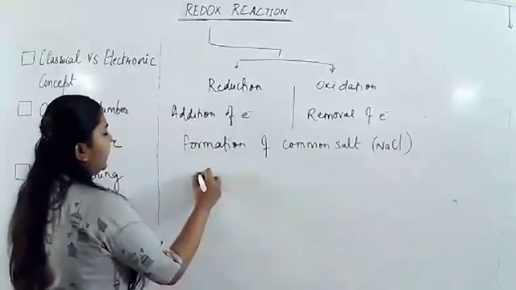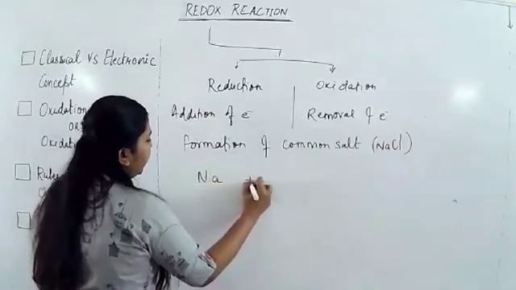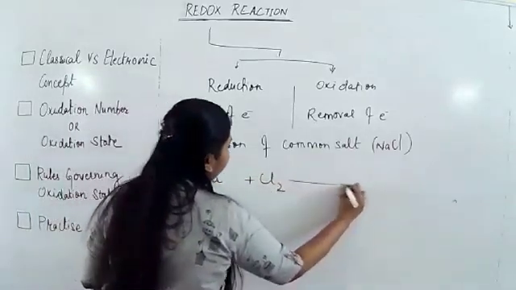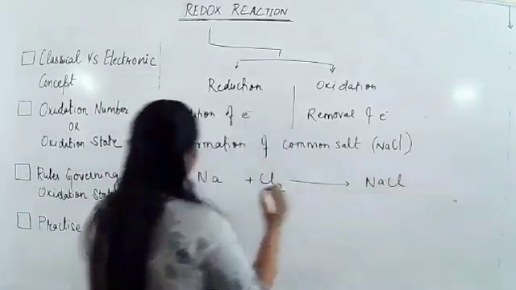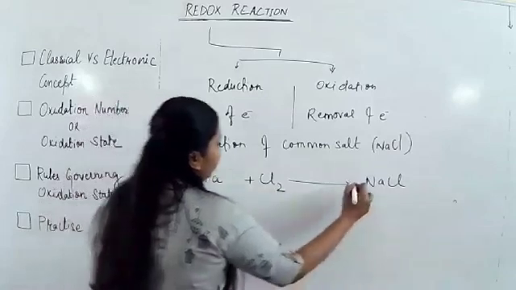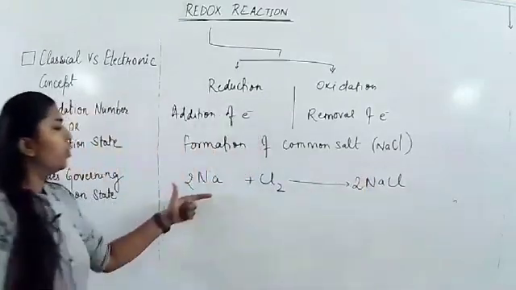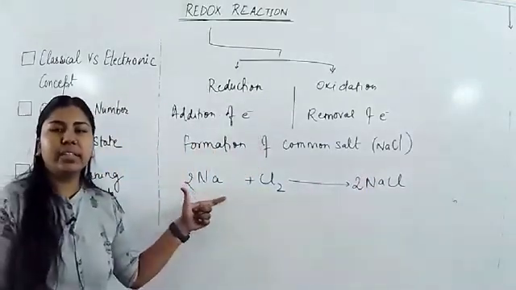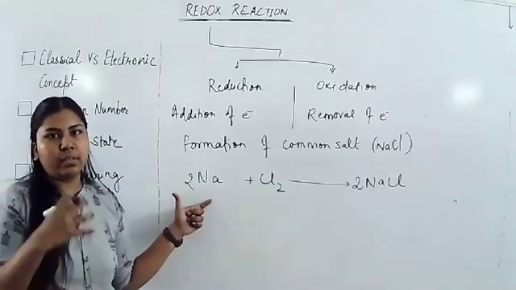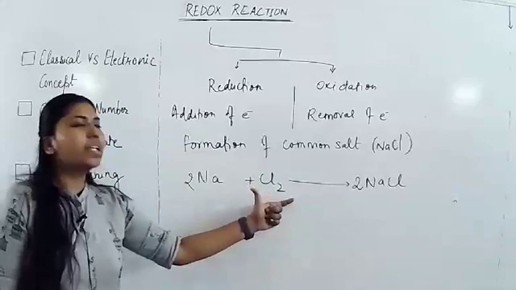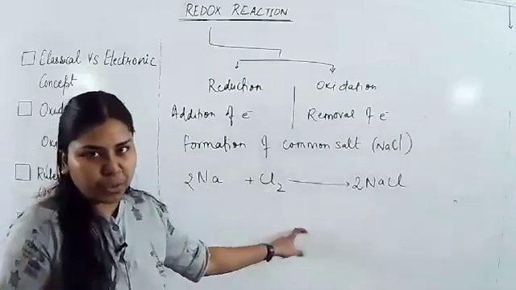I'm taking sodium metal plus chlorine and you are getting NaCl. Sodium is a group 1 element, a metal, a highly electropositive species, and chlorine is electronegative from group 17.